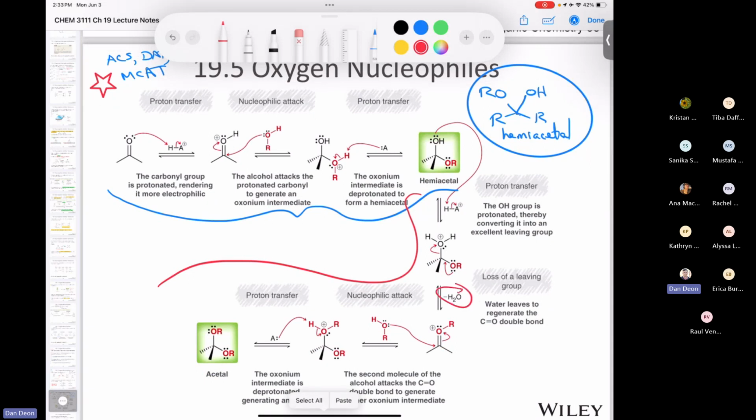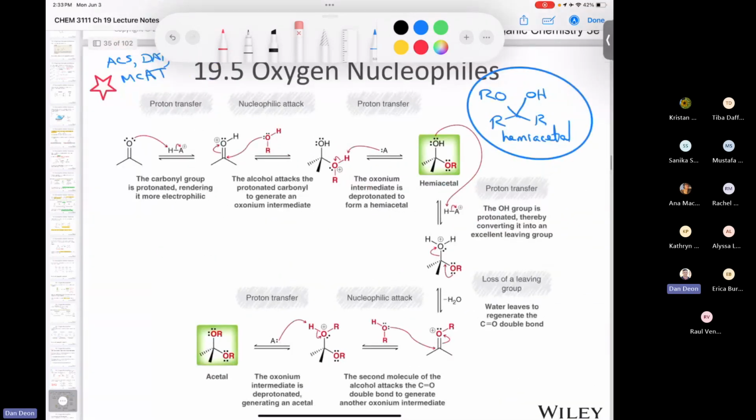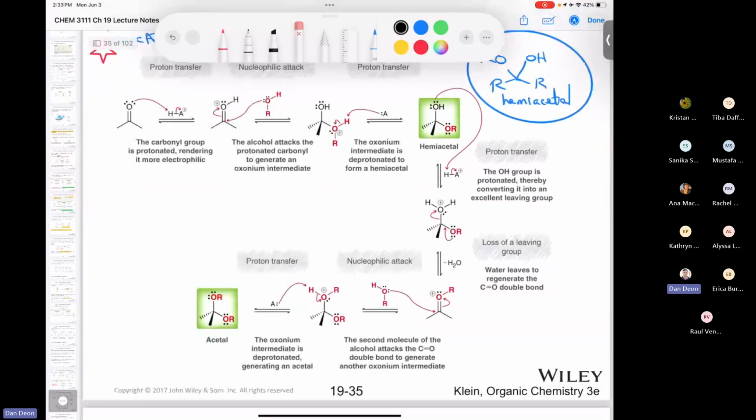Hopefully that'll help. You're going to have to look at it a couple times, but let's take a look at the entire mechanism. So remember, overall, what we're doing here is that you have your carbonyl, you have 2 equivalents of your alcohol.